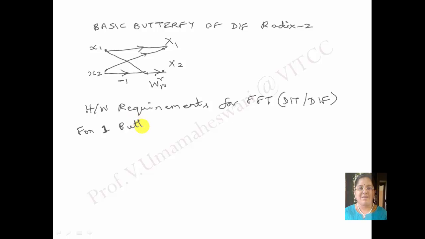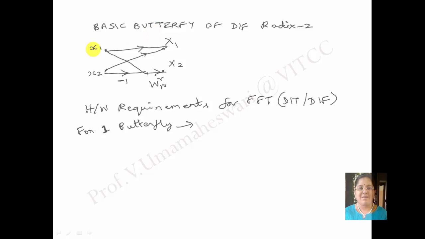Okay, now for one butterfly, that is the basic butterfly we have drawn, how many complex multiplications and additions are required? How many complex multiplications and how many complex additions are required? For getting X1, one complex addition.